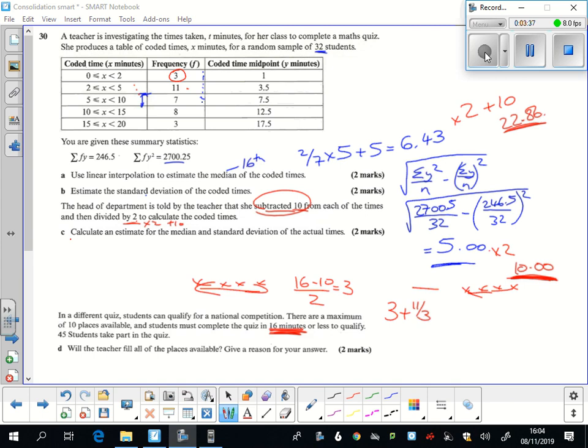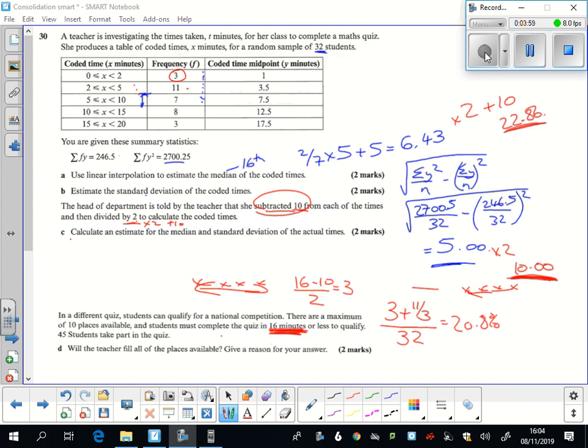Now, that is out of the 32 people that took it. The 32 people that took this test. So we can figure out what percentage did it. We got about 20.8% of people that took this test did it in less than 16 minutes.